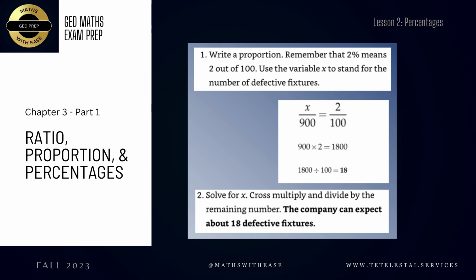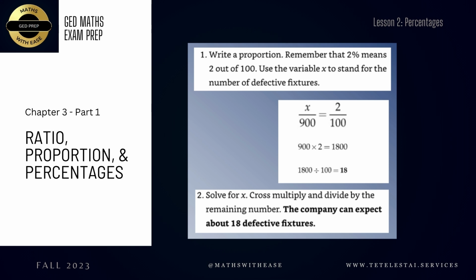You're left with x. You successfully isolated x. And then you have 1800 divided by 100 on the other side of that equation. 1800 divided by 100 is 18. And now we found the value of x, right? So that would be the same as writing 18 over 900 equals 2 over 100.